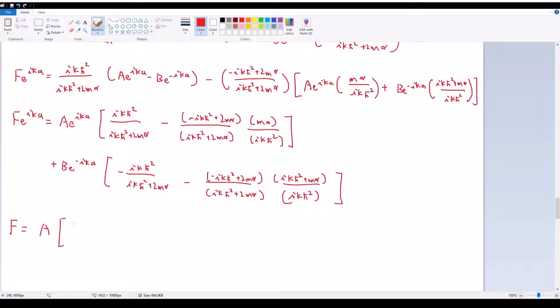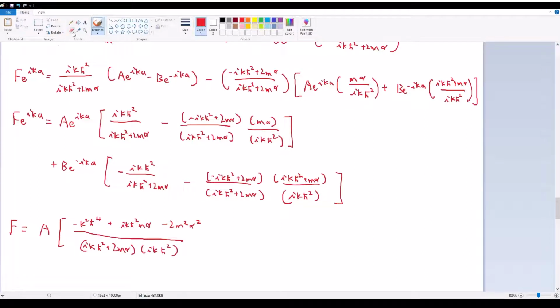This gives me negative k squared h bar fourth plus ik h bar squared m alpha minus 2m squared alpha squared over ik h bar squared plus 2m alpha times ik h bar squared.